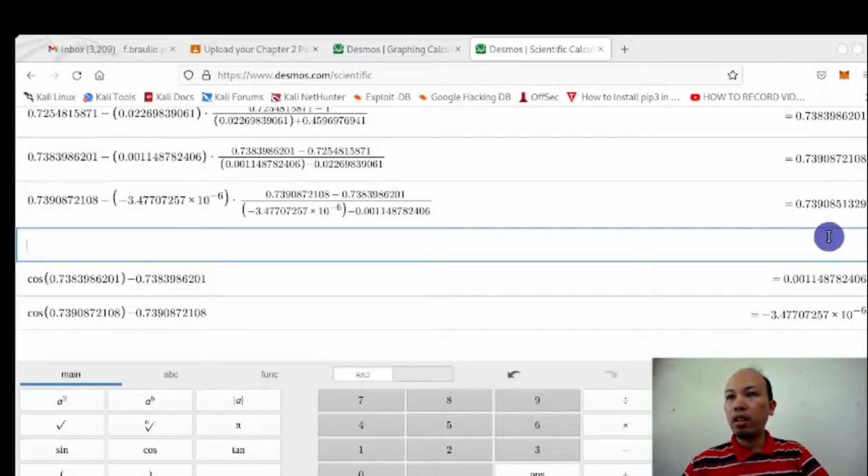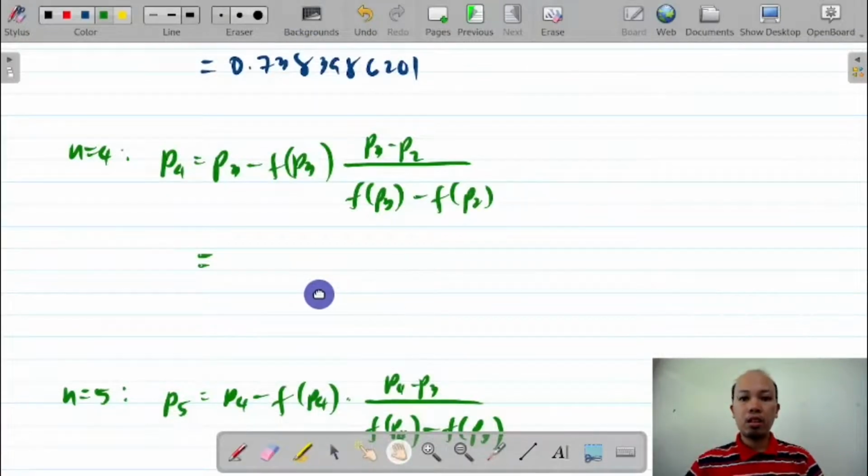And for p sub 5 it is 0.7390851329. So this is the computation.